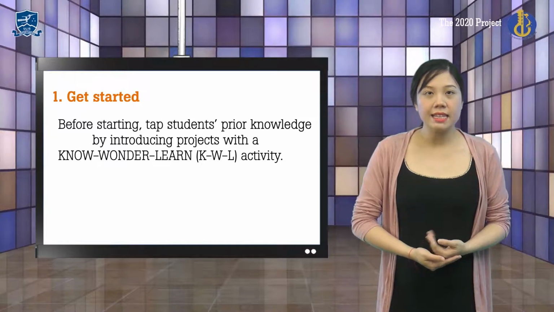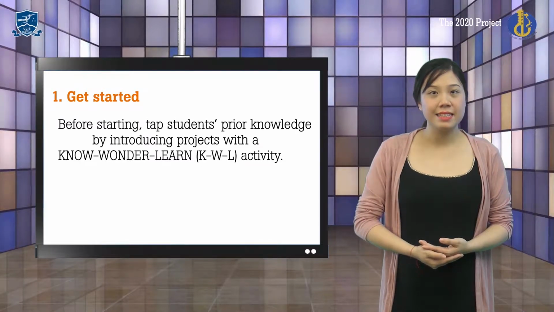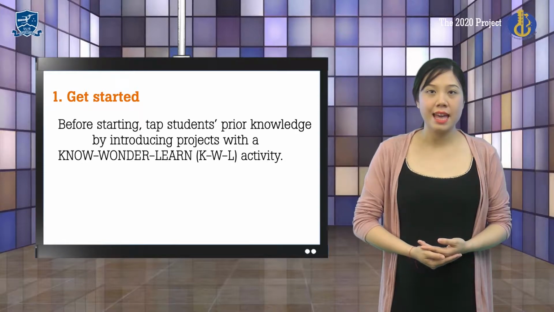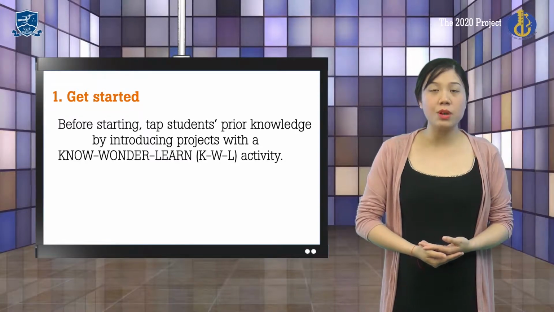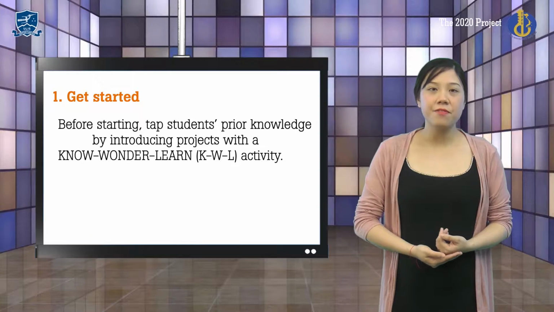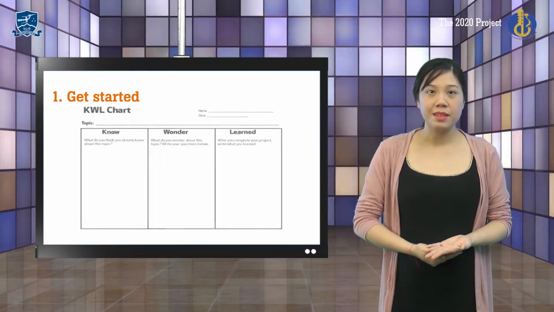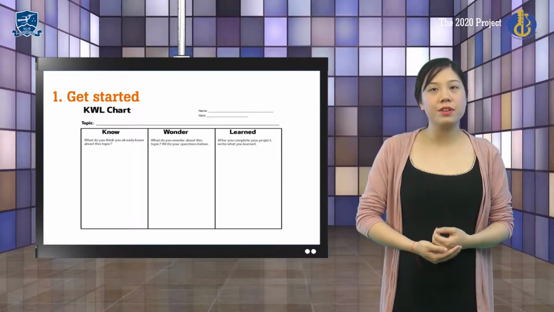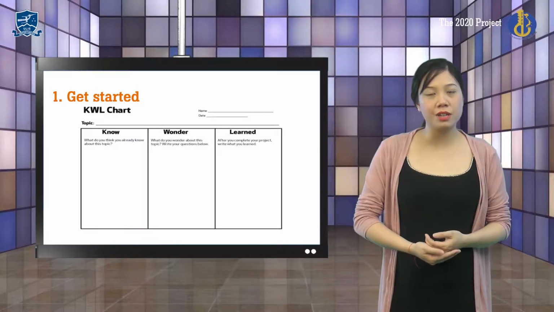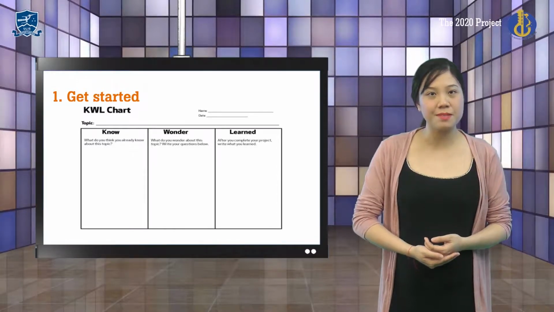In the KWL process, students generate everything they know on a topic and also what they wonder. This helps them generate what they want to learn. This is an example of a KWL chart in a language classroom.